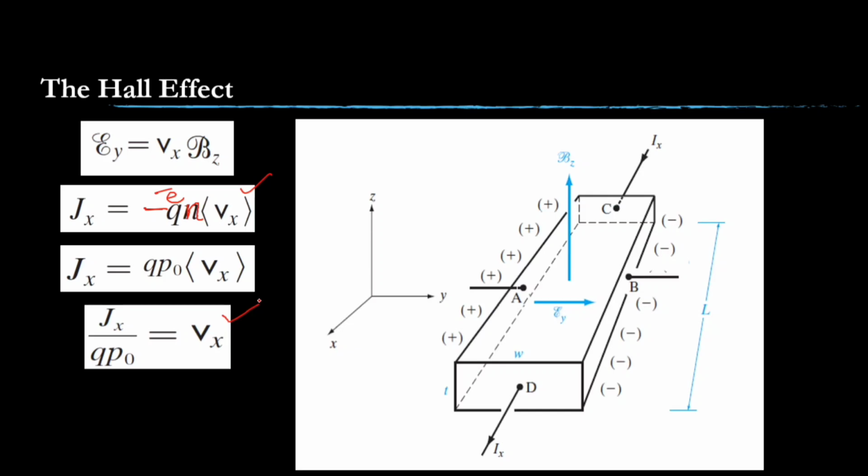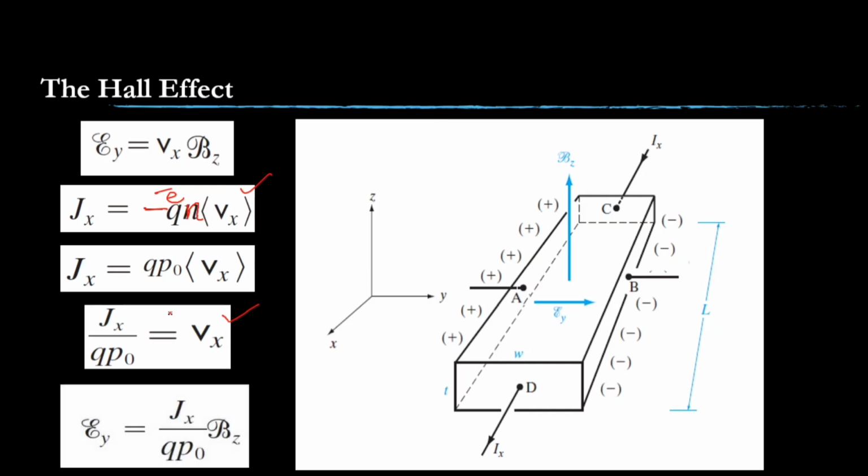From here I can write the expression for velocity: Vx is equal to Jx divided by Q into P0. Now I can substitute this velocity into this expression. I'll get epsilon y is equal to Jx divided by Q P0 into Bz, where epsilon y is exactly the Hall field.